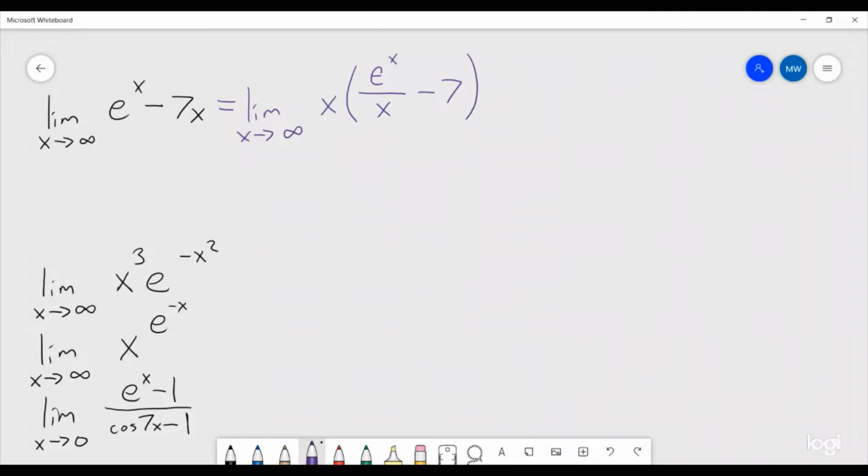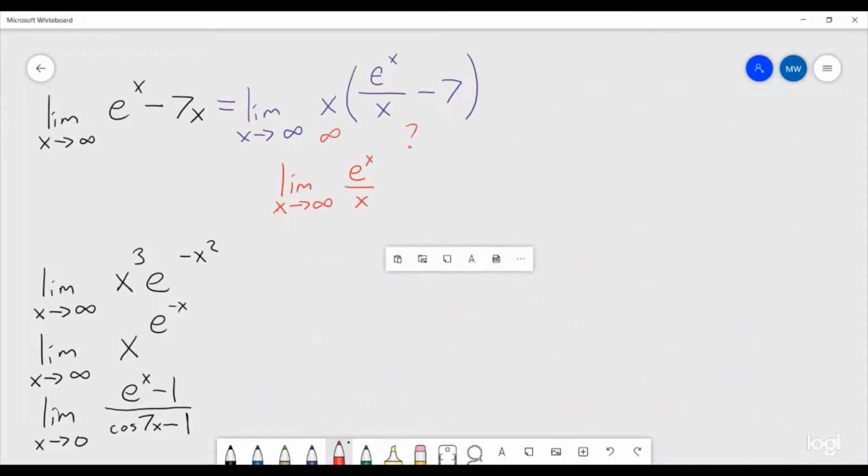So now we can look to see what each of these is. We have infinity times infinity over infinity minus 7. We don't know what this is yet, but that allows us to do a little bit more. If we figure out what is e to the x over x, we need to look at the limit as x goes to infinity of e to the x over x.